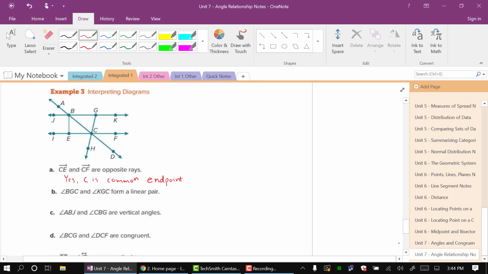Angle BGC and angle KGC form a linear pair. A linear pair means that they're going to come together to make 180 degrees. So BGC and KGC, those two form a linear pair. Yes, they do.